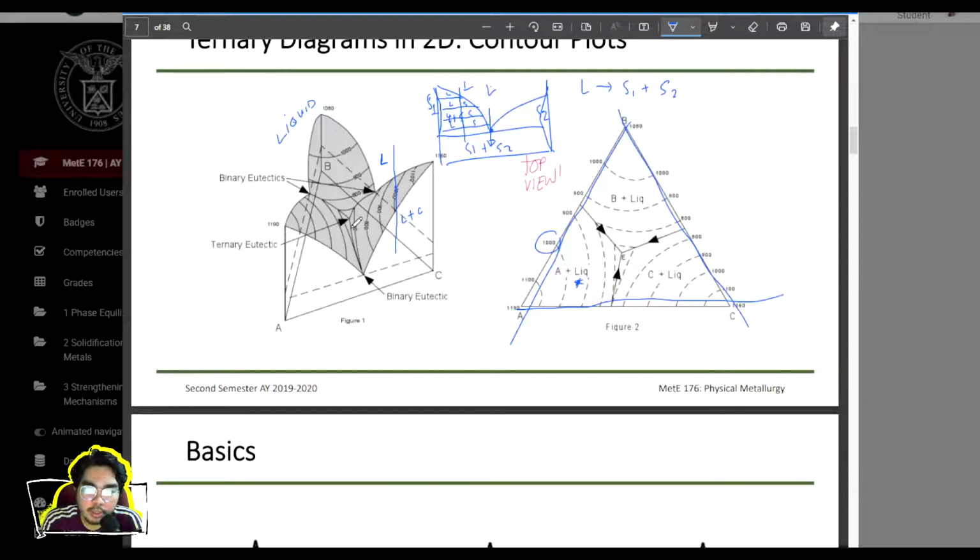It reaches the point where it touches our trough. Like that. So up until this point, from 1,000 up to whatever temperature this is, later we will see what temperature, it is really just liquid plus C. What precipitates out from the liquid is C. Now once it touches the trough, that is when A starts to form. Okay?